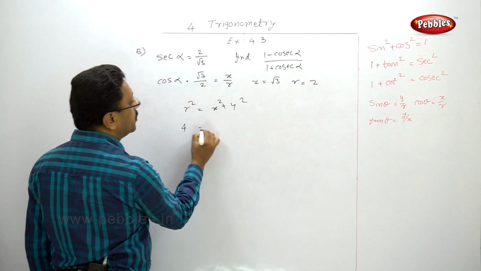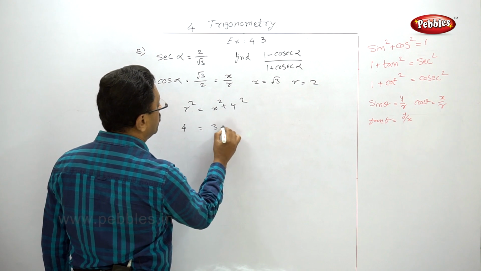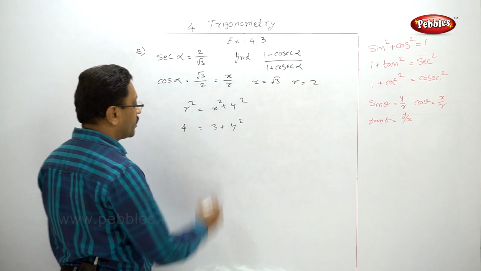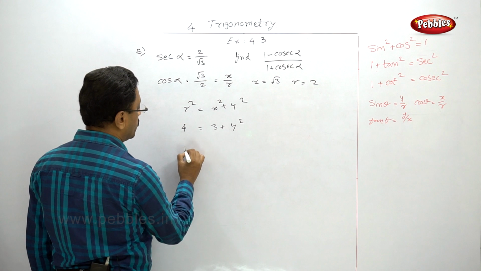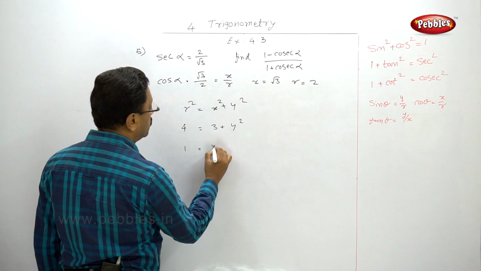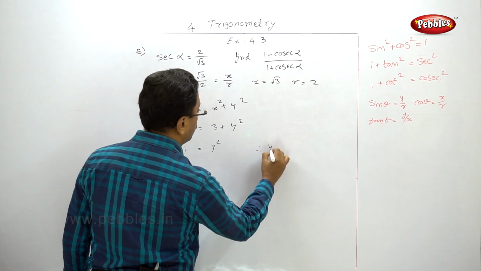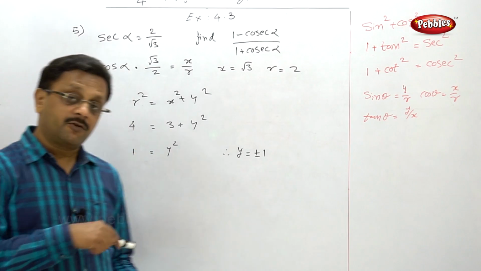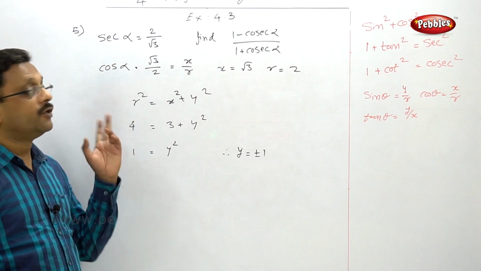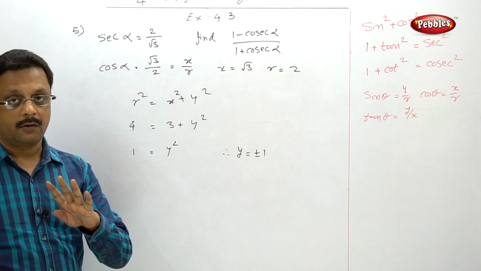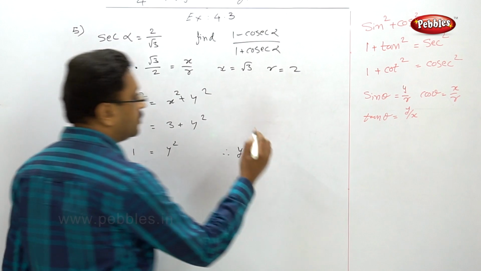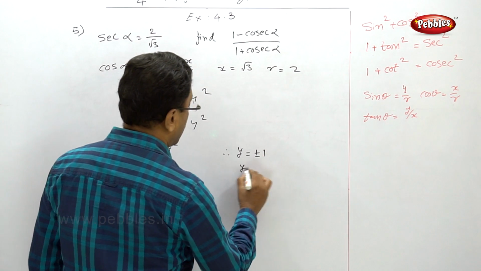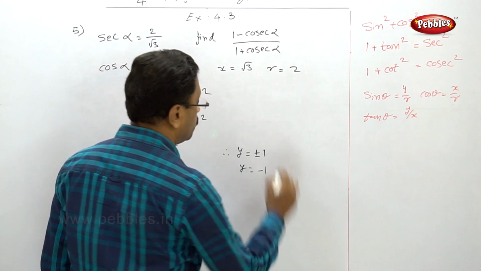So 4 is equal to 3 plus y square, and so we have 1 is equal to y square, and hence y is equal to plus or minus 1. But it is in the fourth quadrant, it is given. So in the fourth quadrant y is negative, so y is equal to minus 1.